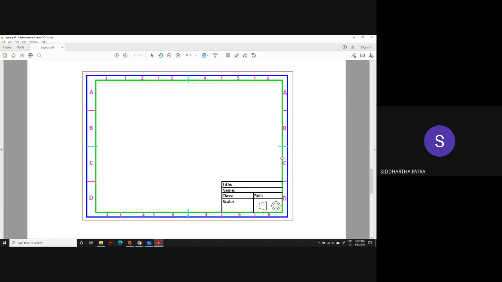Now the next thing would be to prepare the list of objects or the list of items. For example, you are drawing the exploded view of a valve. There would be many components in a valve. For example, a spring, the casing, and other components.